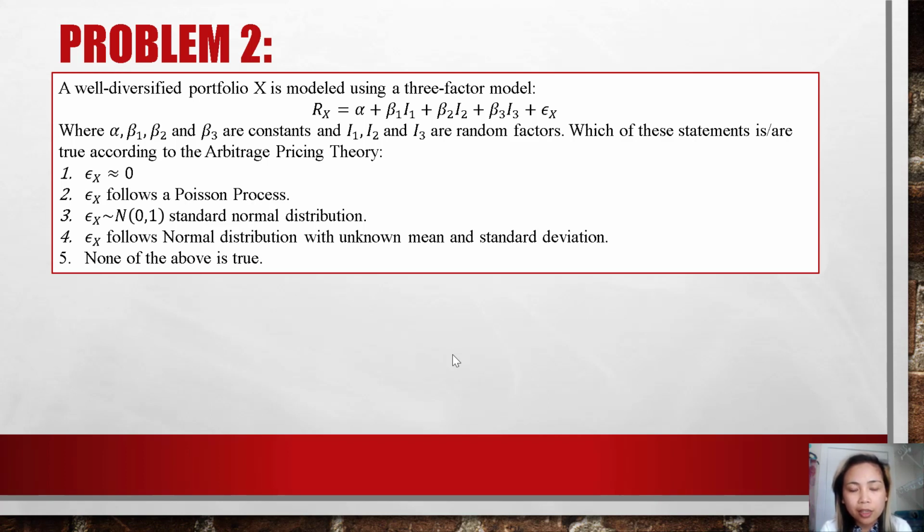So let's justify each of these statements. First, epsilon X is approximately 0. This is true because in any model, epsilon X represents the error between the expected value and the true value. So usually we have high expectation that the estimate should be really close to the true value. That means we expect small error. So we expect epsilon X is approximately 0.